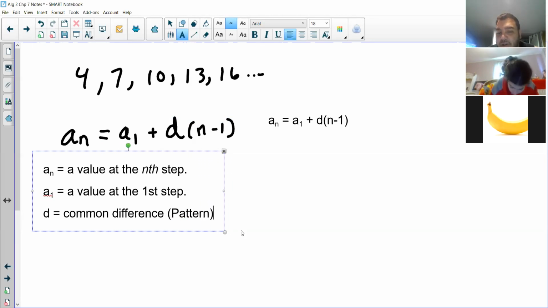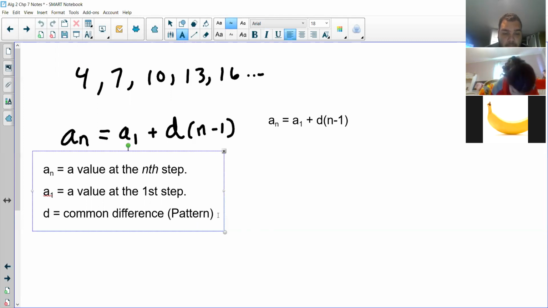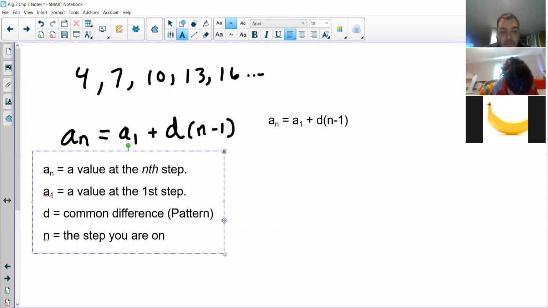What pattern is occurring, basically? And then n is just simply the step you're on. So if you're on the first step, n would be 1. If you're on the 10th step, n would be 10.